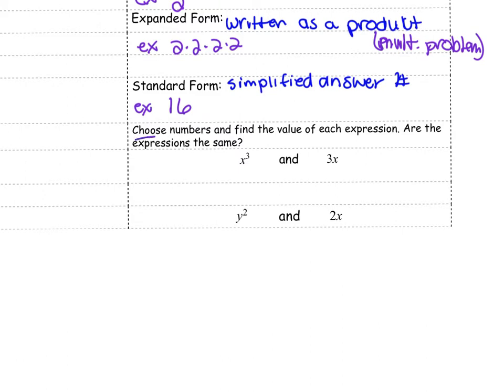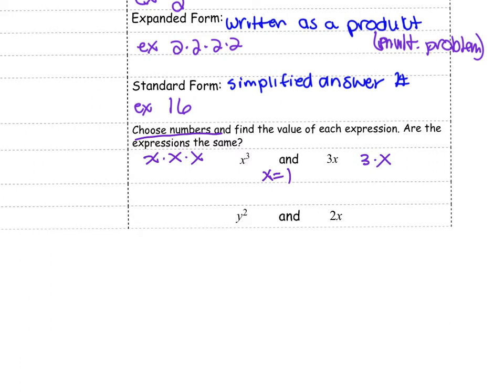All right, so it says choose numbers and find the value of each. So x to the third means x times x times x, where 3x means 3 times x. So if we choose x as 1, let's just do an easy one.